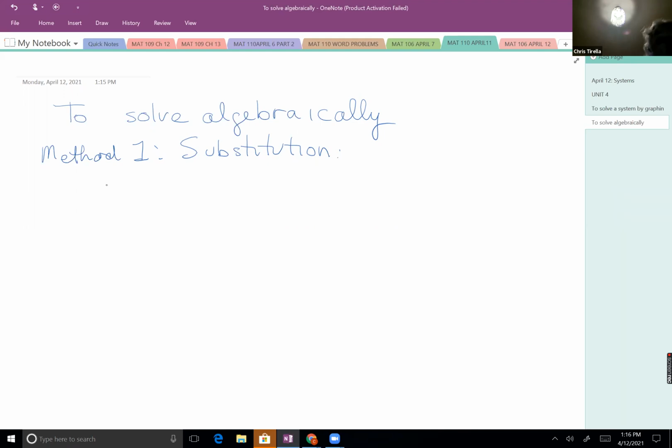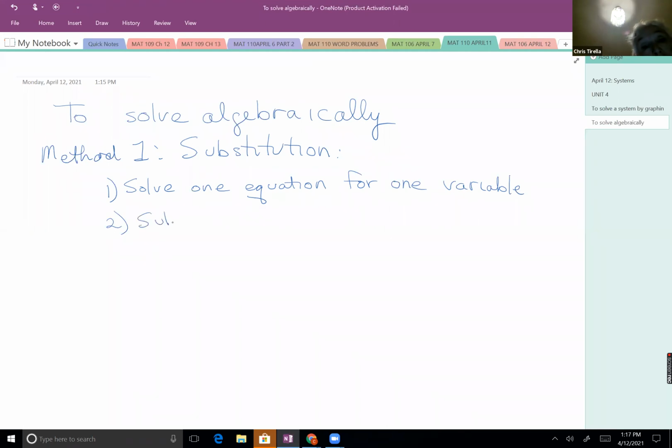So to solve by substitution, the first thing that we want to do is solve one of the equations for one of the variables. And the reason this is called substitution is because what we're going to do next is substitute that expression in for that variable in the other equation.